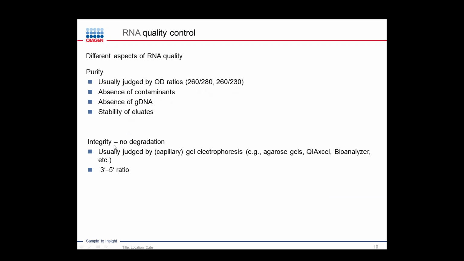The integrity of RNA preparations is usually judged by gel electrophoresis, or more commonly capillary gel electrophoresis, like the QIAxcel from QIAGEN or the Agilent bioanalyzer, and the comparison of the 3'/5' ratio.